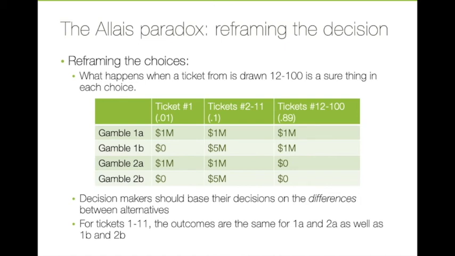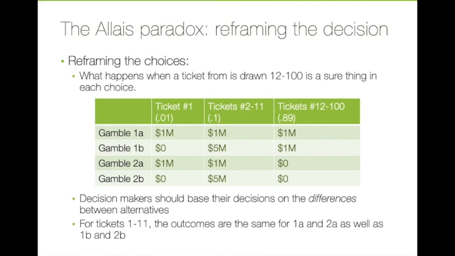Framing the decision this way, then, suggests that what you should focus on is what makes the A choice different from the B choice. So we're essentially going to ignore that third column because it doesn't help us differentiate our two choices in each of these decisions. And instead we're going to focus on just the first two columns. In the first two columns, notice that gamble 1A is the same as gamble 2A.